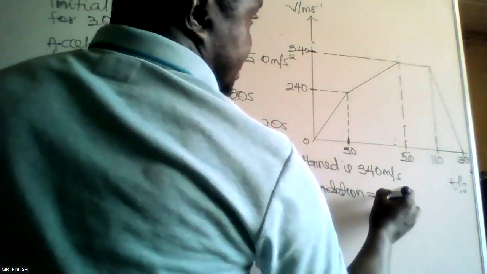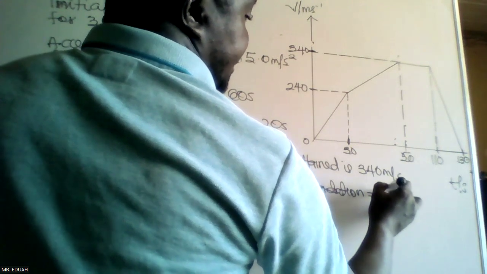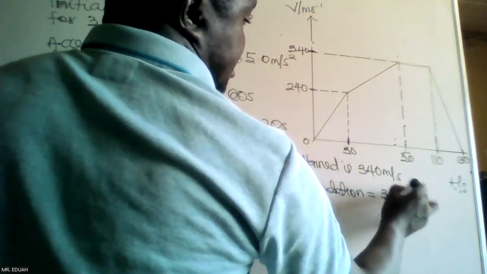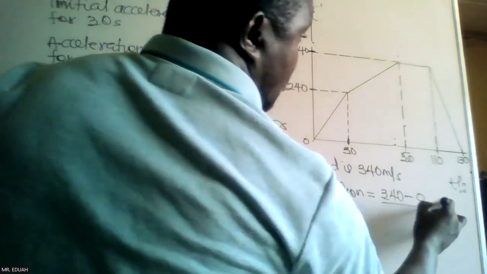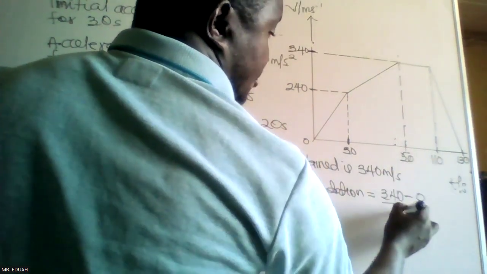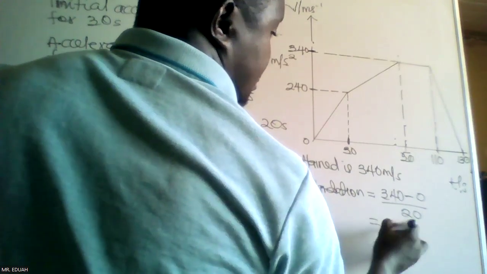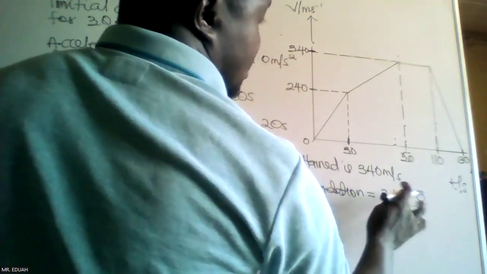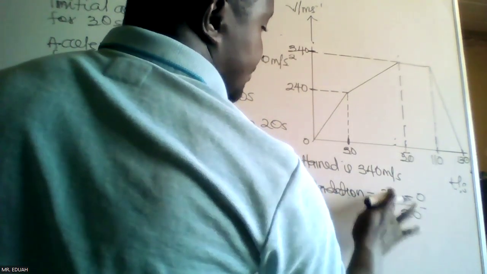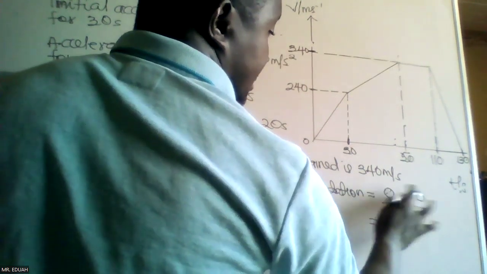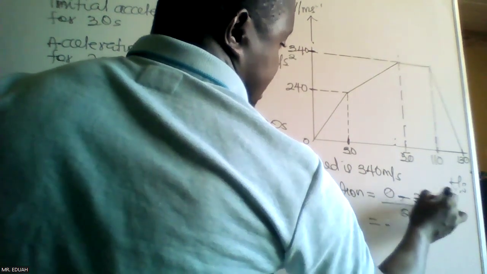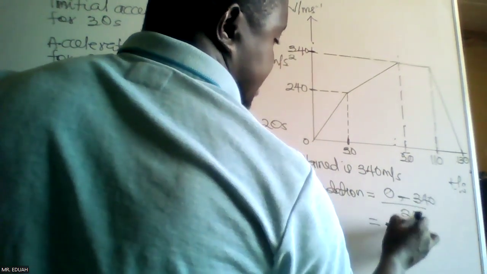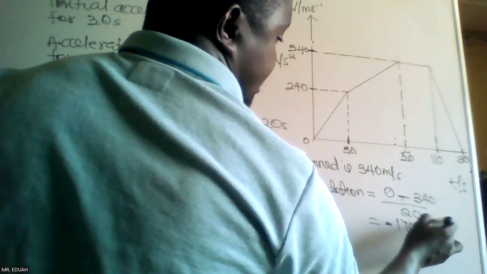So change in the vertical, 340 minus 0 over a time of 20. Sorry, final minus initial: 0 minus 340, which is minus 17 meters per second squared.